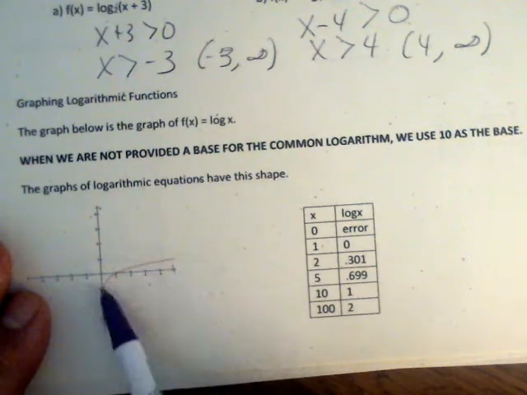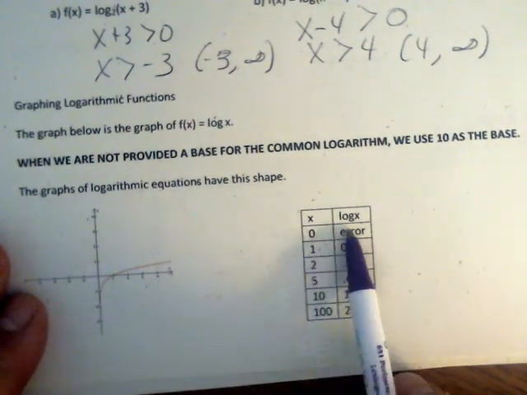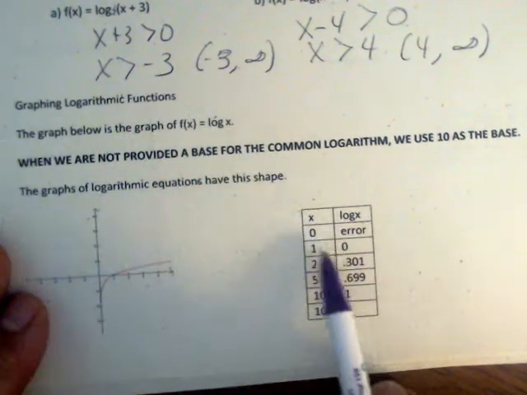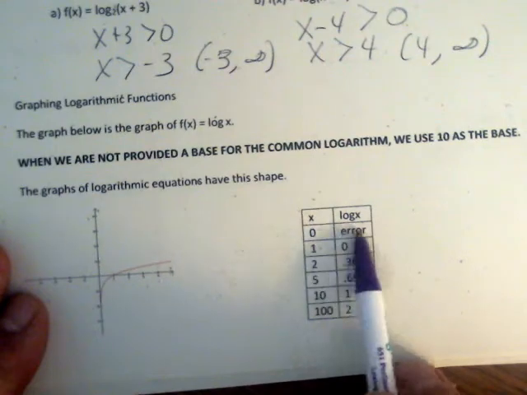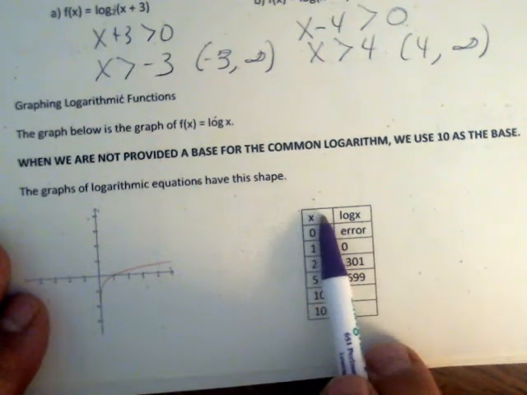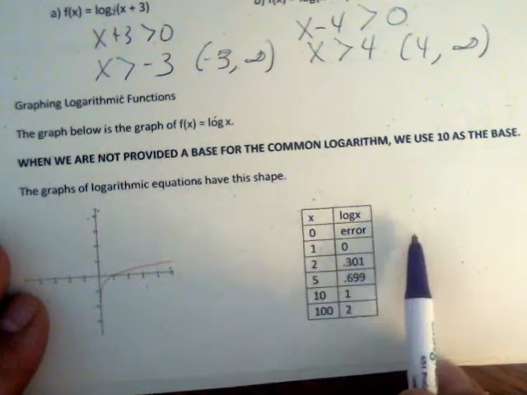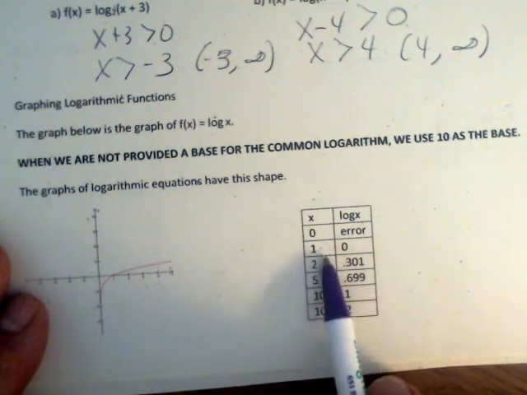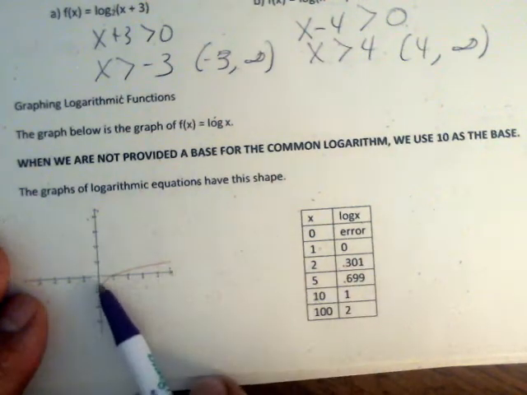They're just kind of shifted around a little bit. And the reality is, for log x, you have an error, so that gives us our vertical asymptote, because we have restrictions on the domain, which is how we get vertical asymptotes. And then as x gets big, y grows very slowly. That's why it kind of levels off like this.